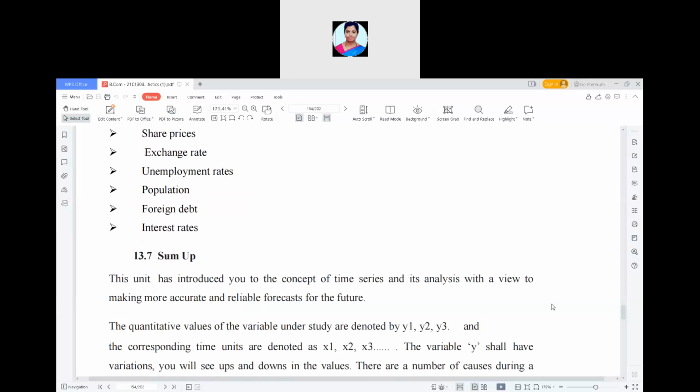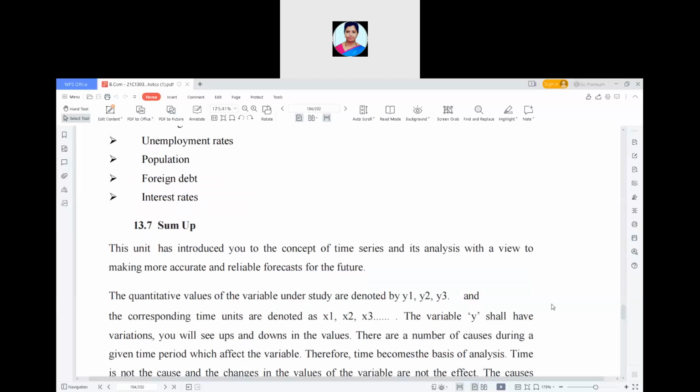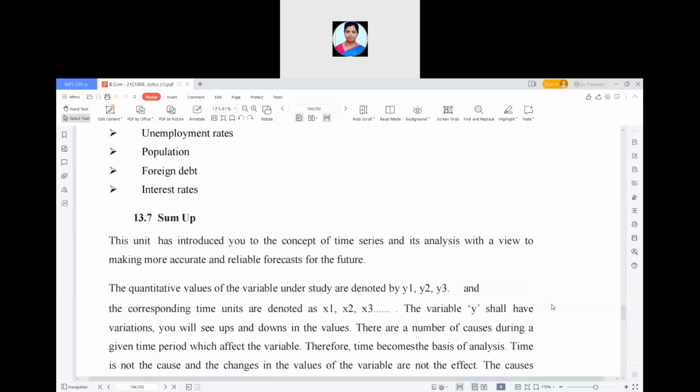So this is the summary of this unit. Here in this unit, we introduce the concept of time series and analysis with a view of making more accurate and reliable forecasts for the future.